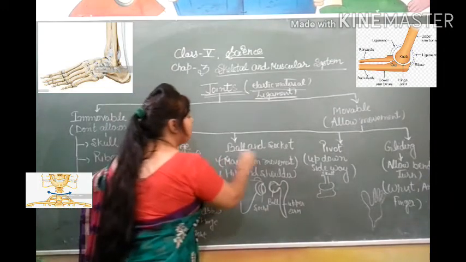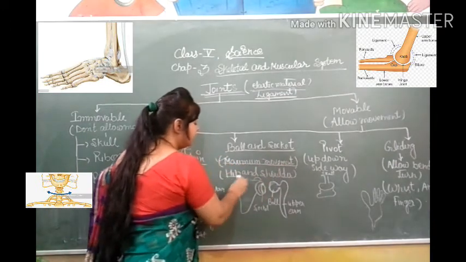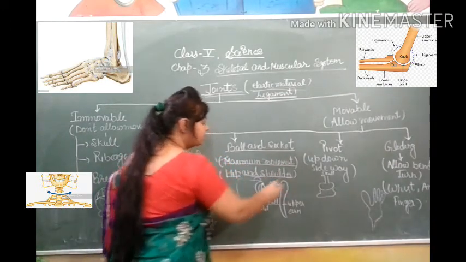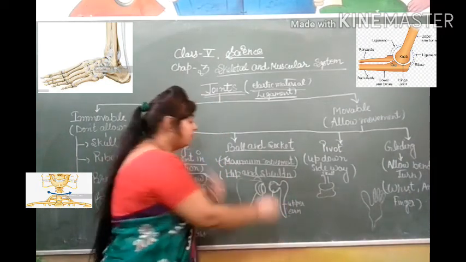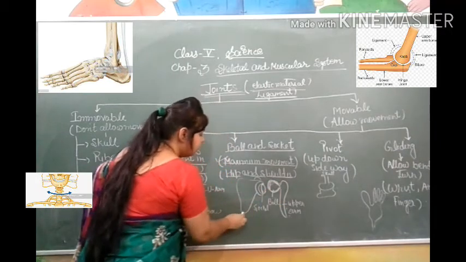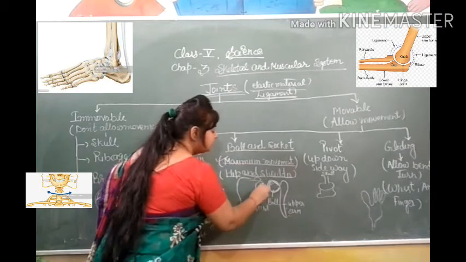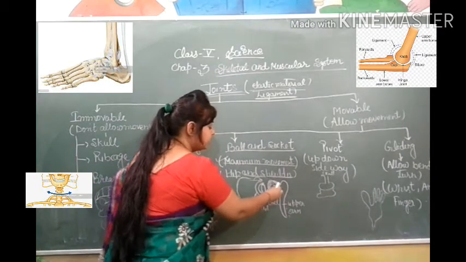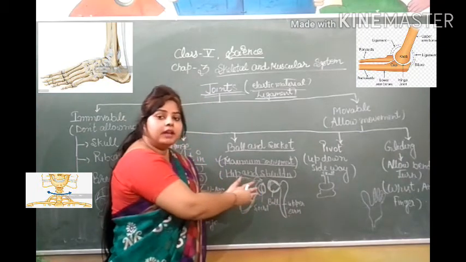Second is ball and socket joint. Maximum movement, like hip and shoulder. In the upper arm there is a ball-like structure and the other part has a socket-like structure, where the ball fits the socket very well.